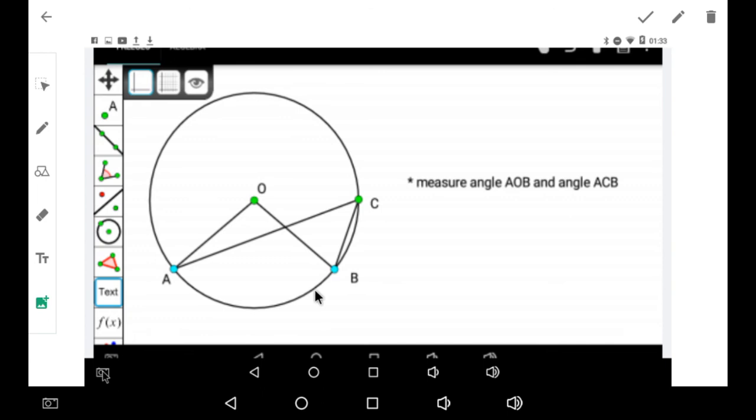Now we're going to measure angle AOB and angle ACB. So we'll use the protractors to measure.